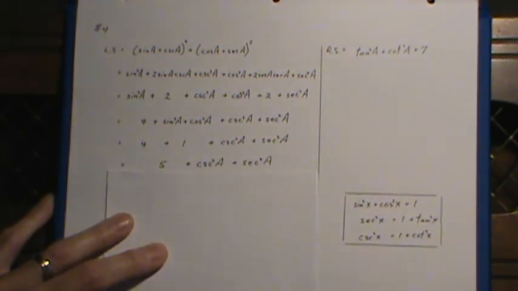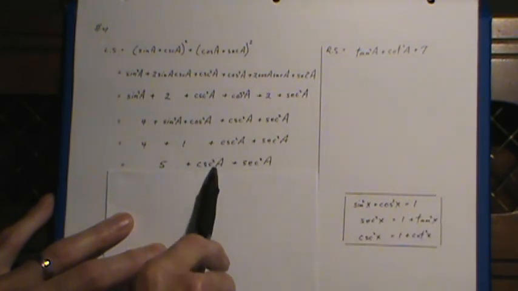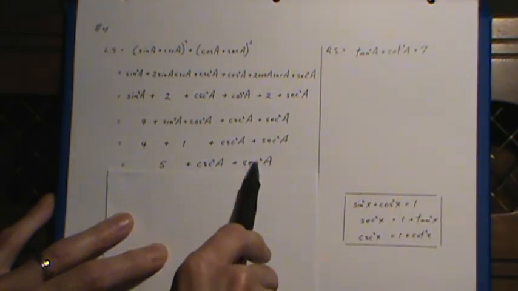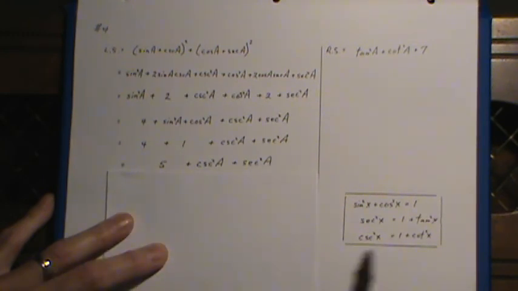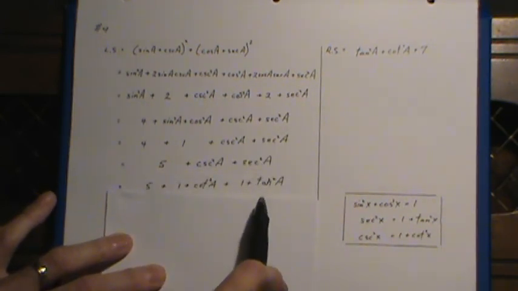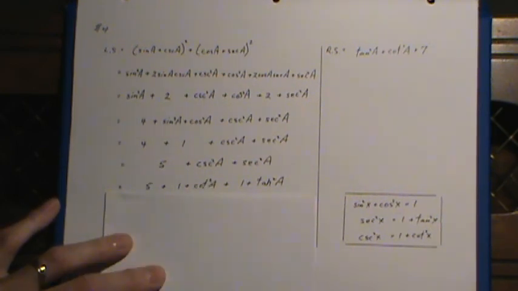Now I said at the beginning of the first video on identities that I always try to use sine squared plus cos squared equals 1. However, in a case like this, where I've got the cosecant squared and the secant squared showing up, that's one case where I'm going to give in and use these substitutions for secant squared and for cosecant squared.